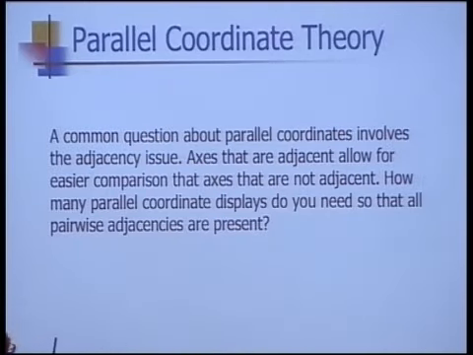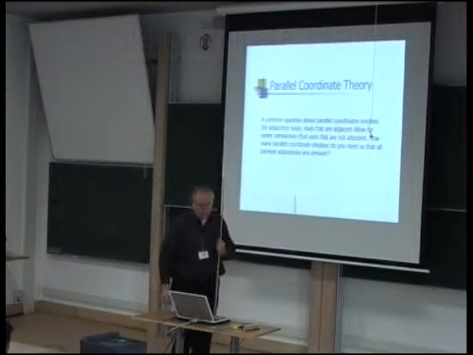As I said, one of the common questions is, what about this adjacency issue? How do we deal with axes that are not adjacent to each other? The fundamental question is, how many parallel coordinate displays do you need to see all pairwise adjacencies? We deal with this in a couple of ways.